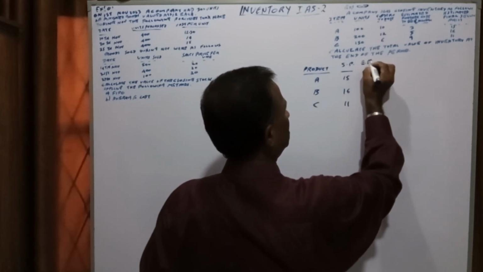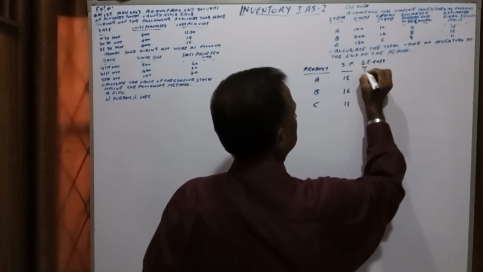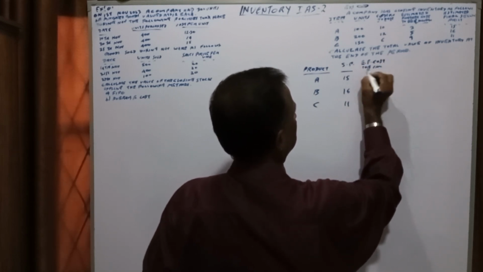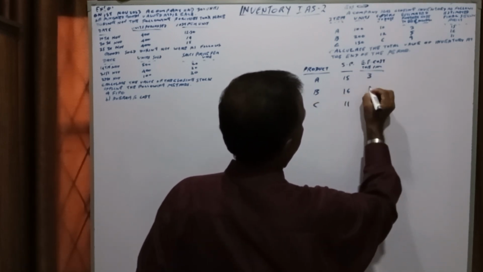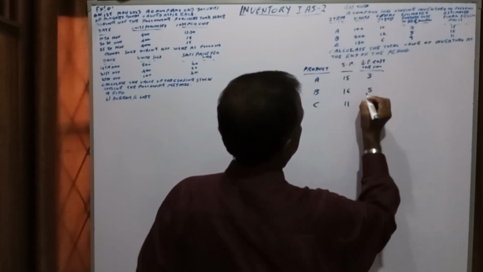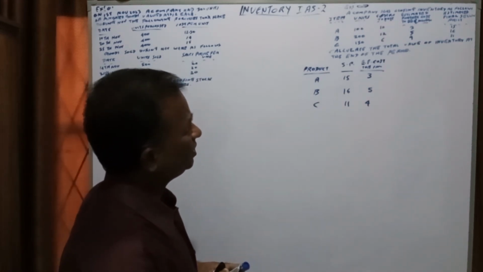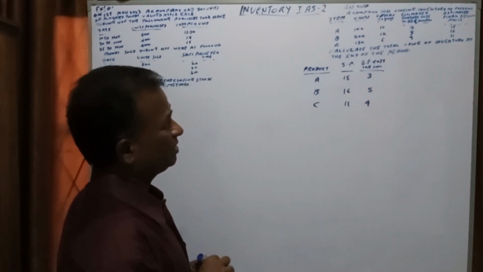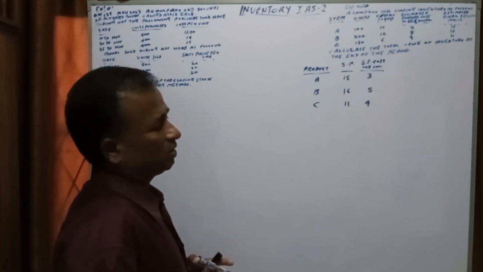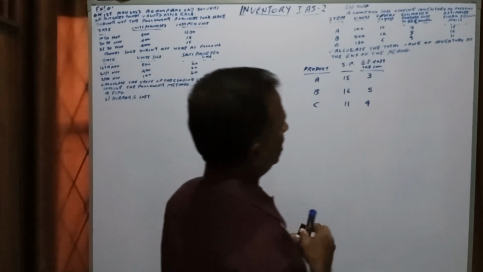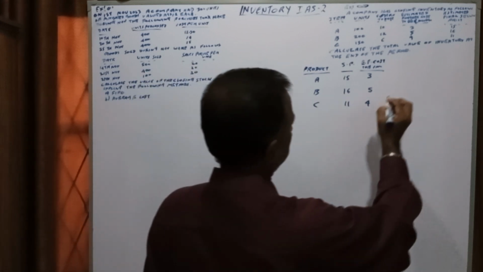That is 3 rupees for A, 5 rupees for B, 4 rupees for C. You have to see whether they have mentioned any selling and distribution cost anywhere else. Nothing, they have not mentioned any selling and distribution cost.